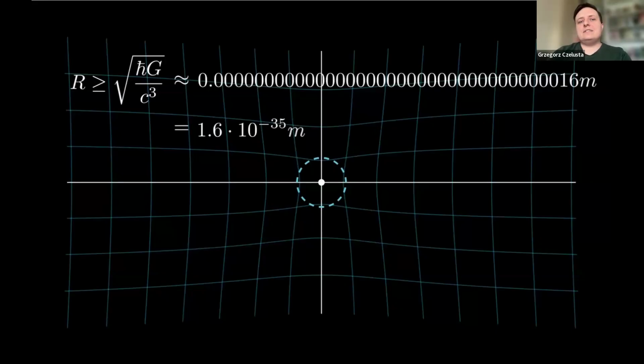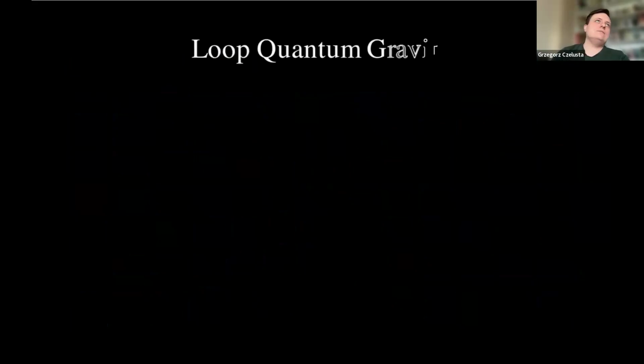So this is one of the reasons why quantum gravity may be necessary for a complete description of physical reality. And one of the candidate theories of quantum gravity is loop quantum gravity. And I will now briefly outline how the quantization of general relativity leads towards the structures used in LQG.